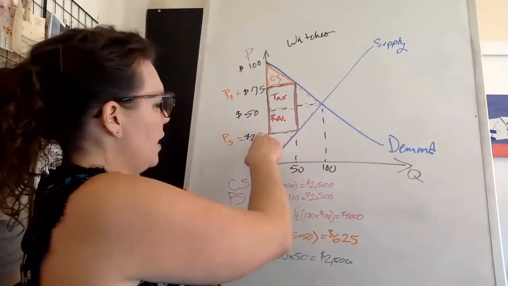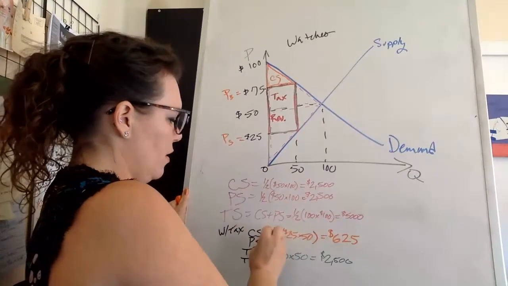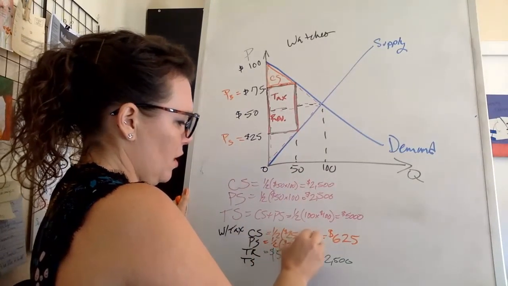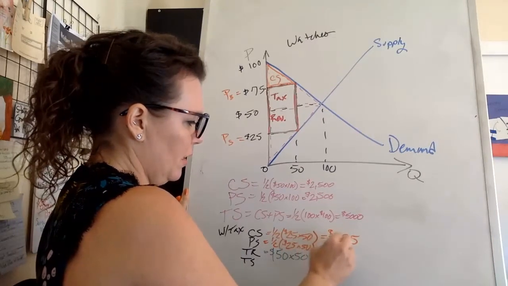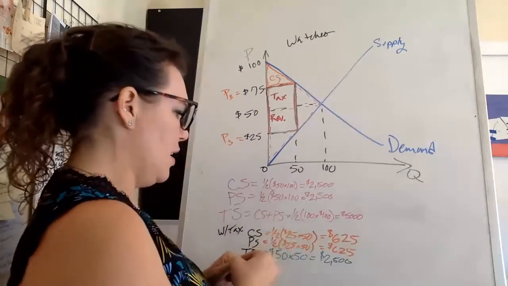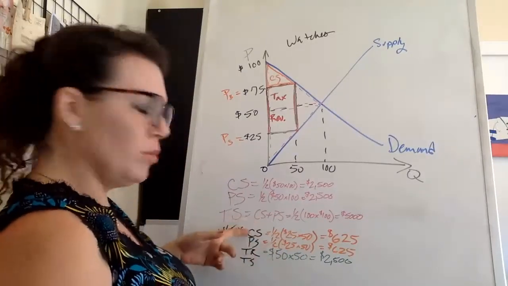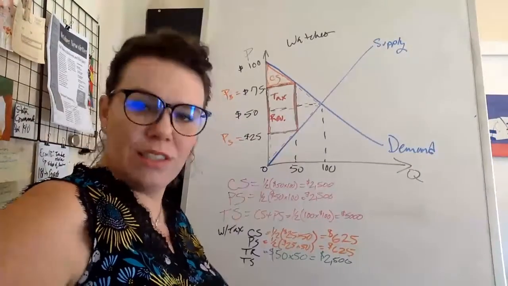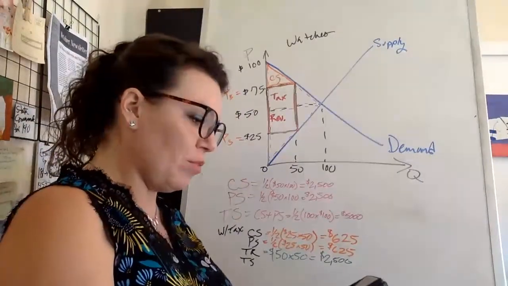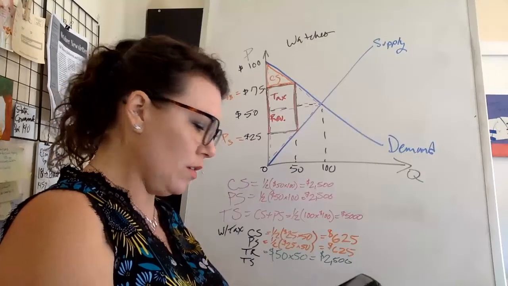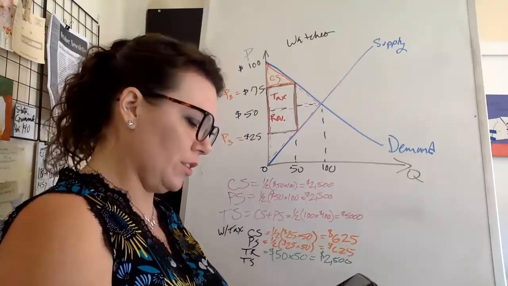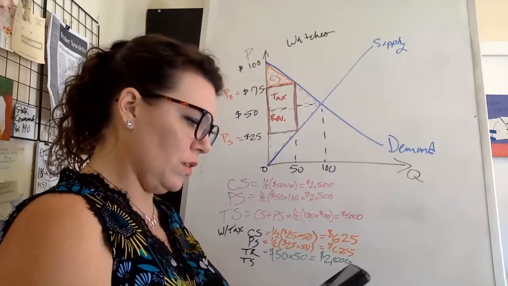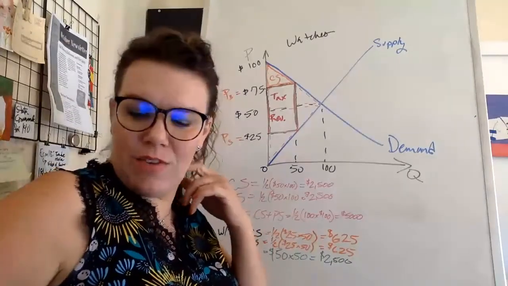Producer surplus is the same, right? $25 times 50 watches divided by 2 equals 625. And so our total surplus is consumer surplus plus producer surplus plus tax revenue. So it's going to be 625 plus 625 plus $2,500, which gives us $3,750.